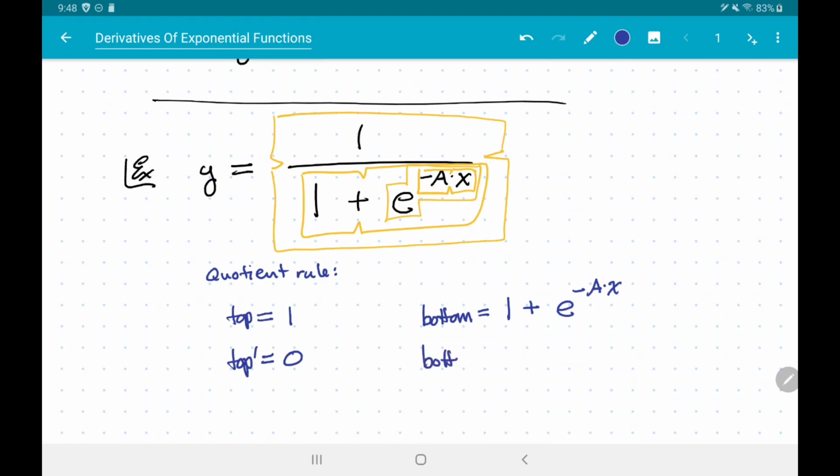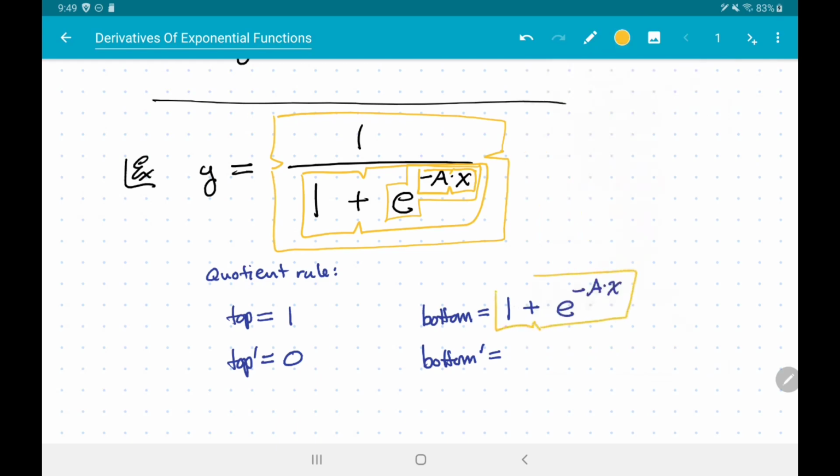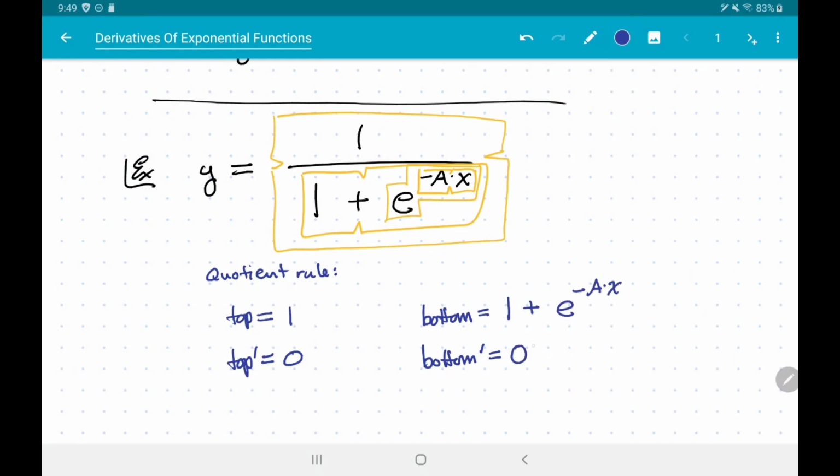Now for the bottom, take a moment and give that a try. Okay, first, it's easy to miss, but we've got the derivative of 1 plus. Normally we wouldn't even bother to write this, but since we're getting practice with this new rule, I thought I would.